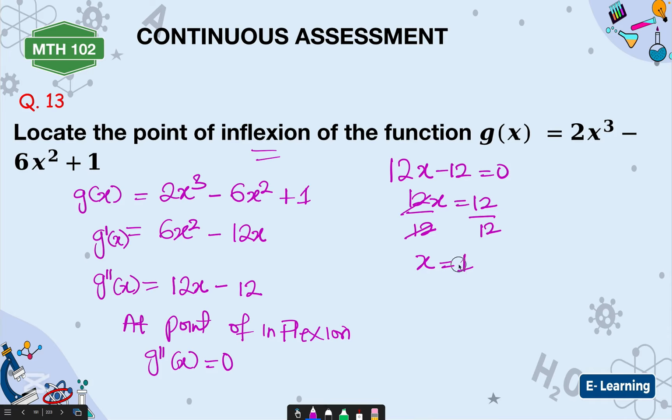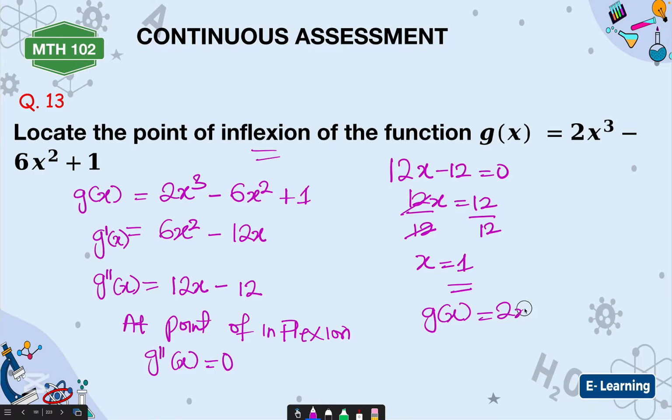x would be equals to 1. So that is the point of inflection. Now, that is for the x-axis. We should look for the y-axis. So to look for the y-axis, substitute this x into this equation here. This other equation here.